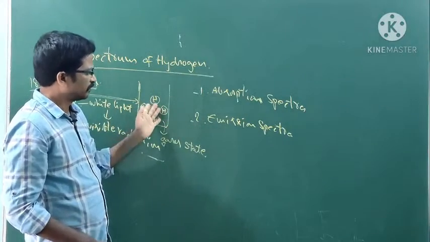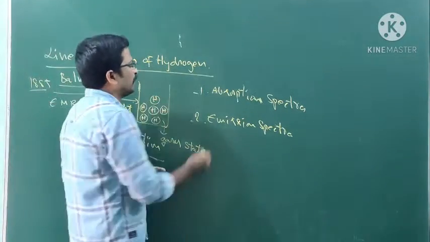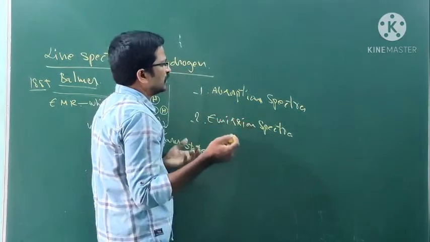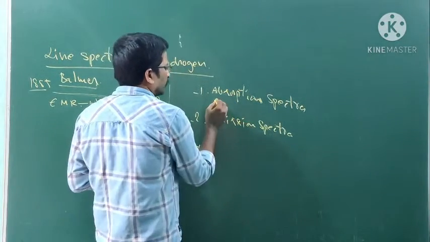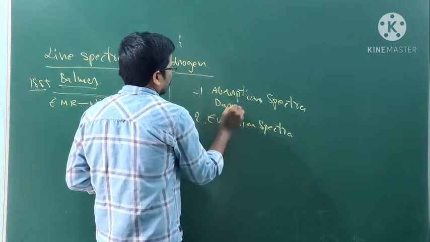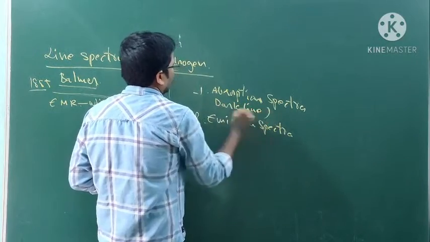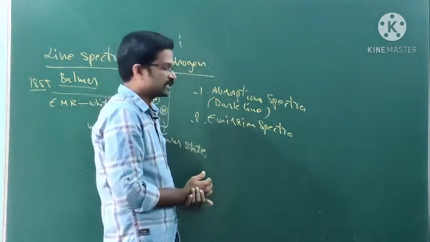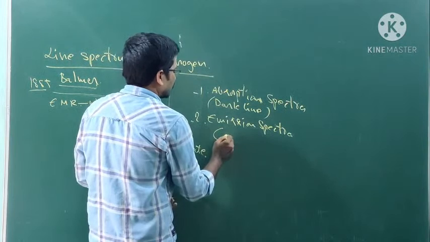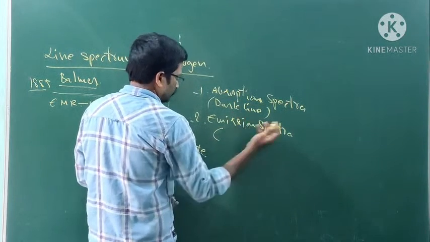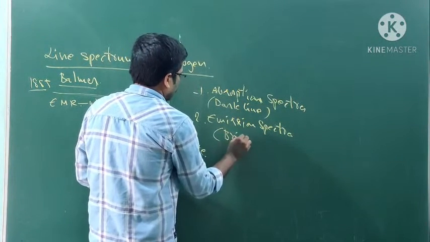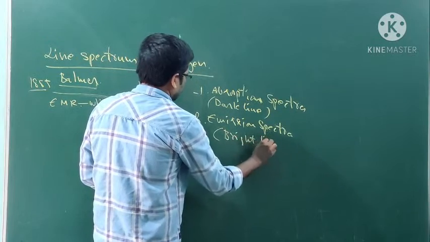Absorption spectra contain dark lines, which we discussed in the previous class. Emission spectra give bright lines.